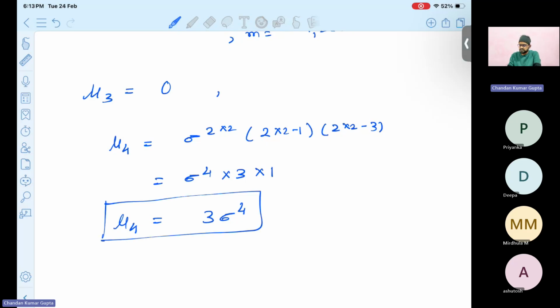This is the fourth central order moment.